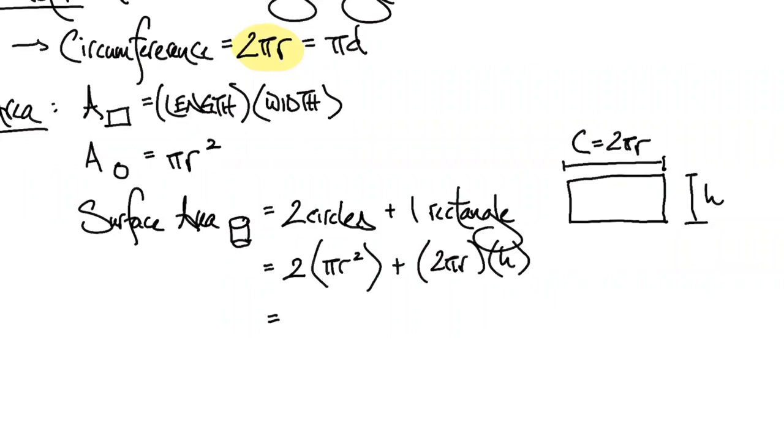And so if you've ever wondered how you're supposed to memorize these, 2 pi r squared comes from the two circles that make up our cylinder, plus 2 pi r h gives you the soup can label or the rectangle around the side of your cylinder. Okay.